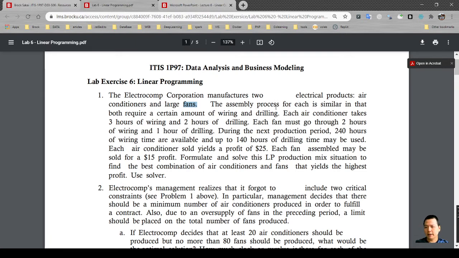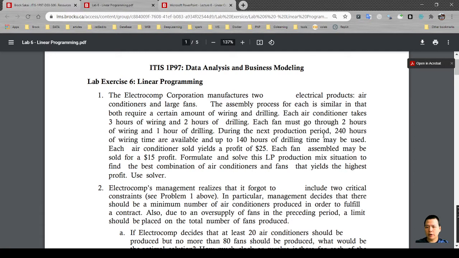Another thing is the cost or the profit. There are two processes in assembly: one is wiring, another one is drilling. Each air conditioner takes 3 hours of wiring and 2 hours of drilling. That's the cost for an air conditioner in each process. And the fan takes 2 hours and 1 hour for wiring and drilling, respectively.